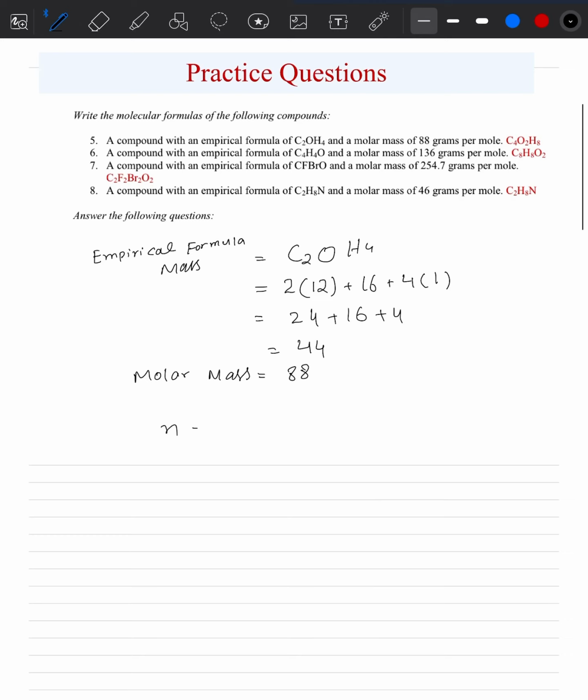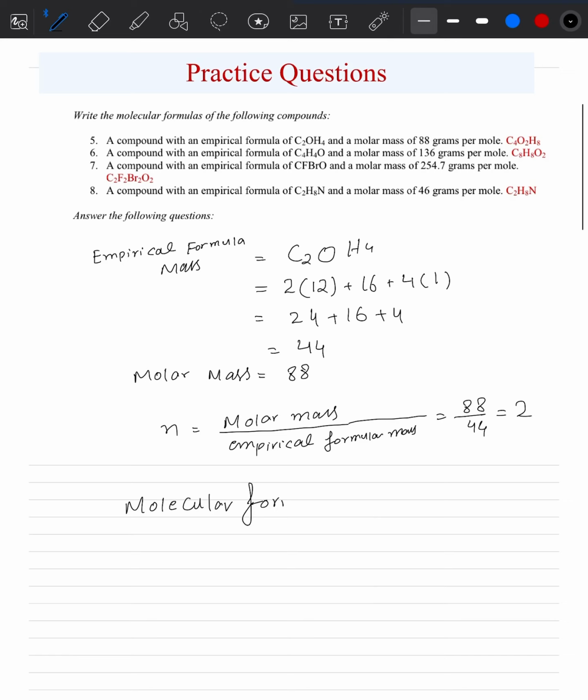Now we know that N is equal to molar mass over empirical formula mass. So 88 divided by 44 will give us 2. Now the molecular formula will be equal to N times the empirical formula, let's say EF.